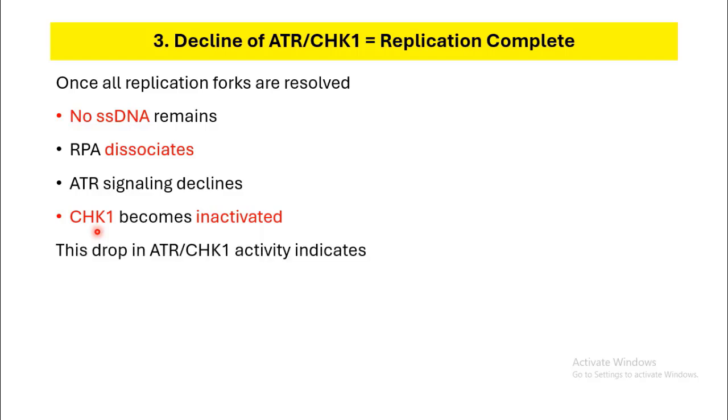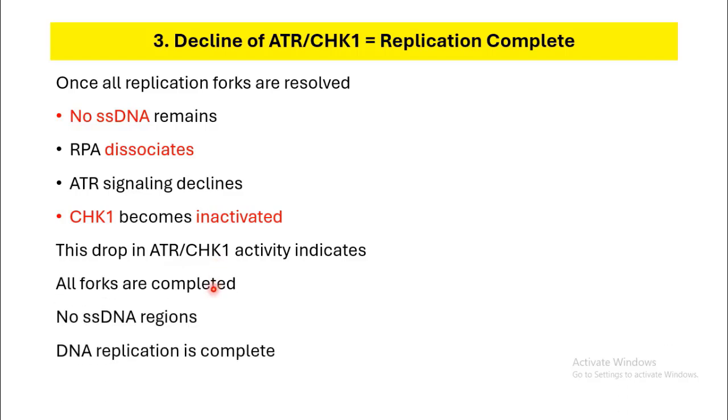When CHK1 is not activated, there will be a drop in the ATR CHK1 activity, and that would indicate that all of the replication forks are now completed. There are no single-stranded DNA regions present now, and the DNA replication has been completed.